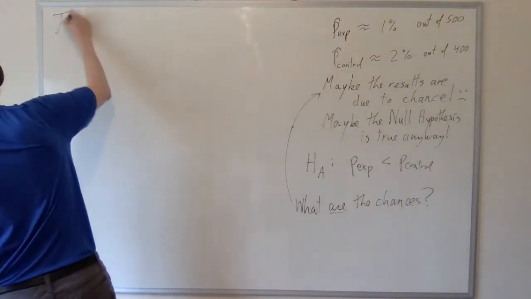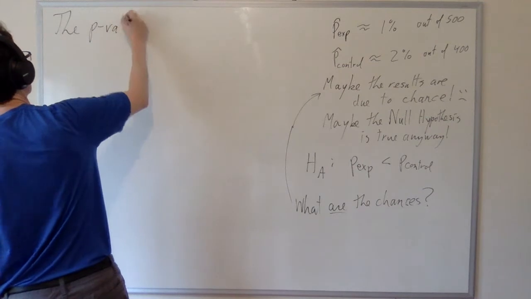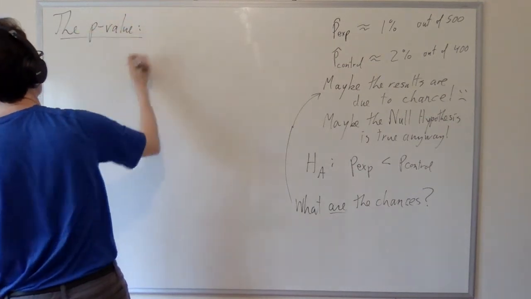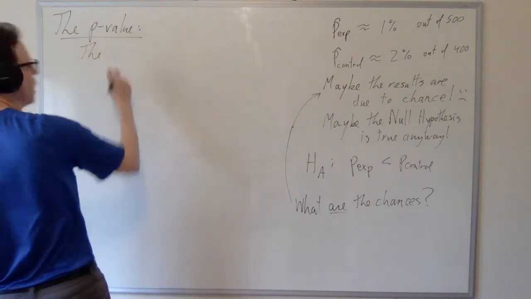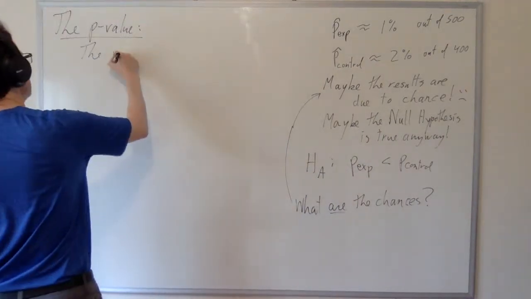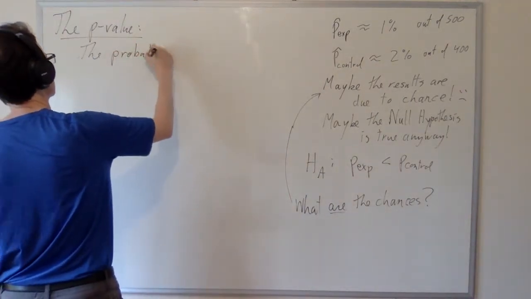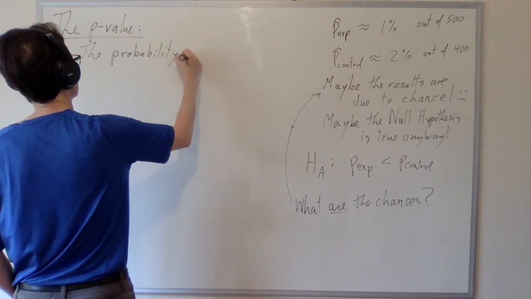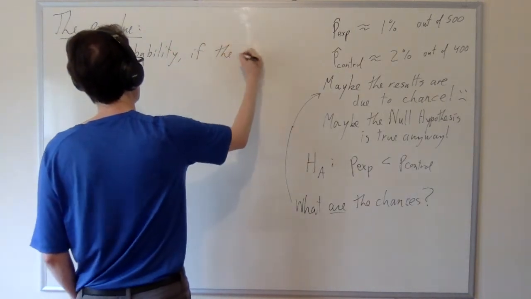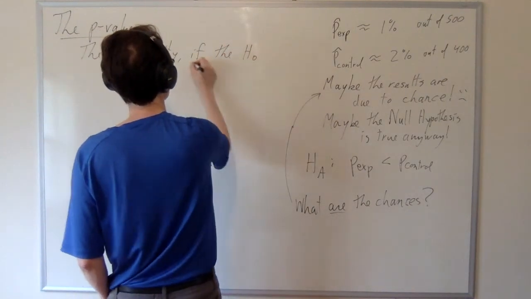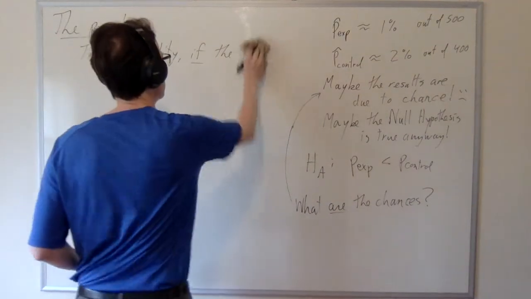So the p-value. The p-value is the probability, if the null hypothesis were true. Well, let me spell that out.